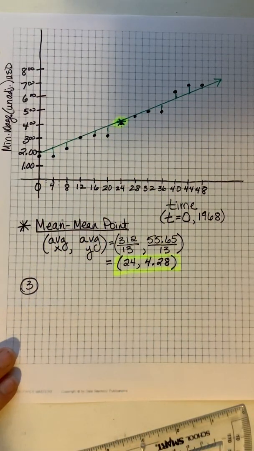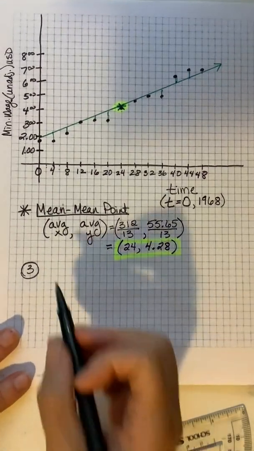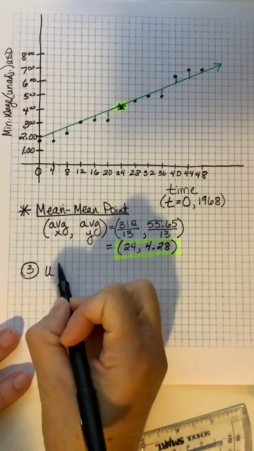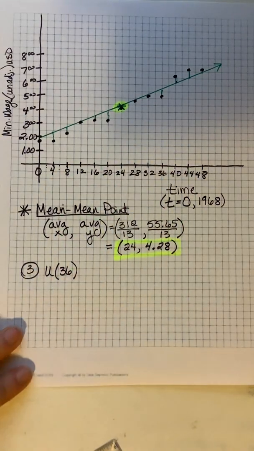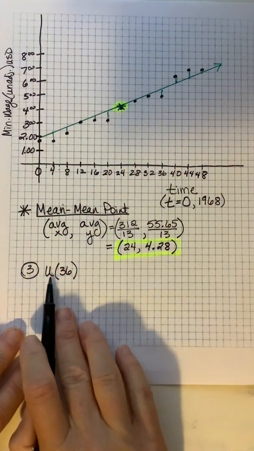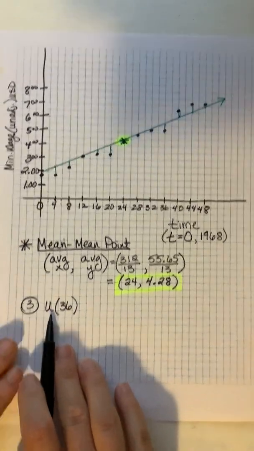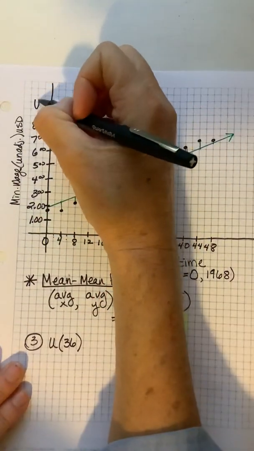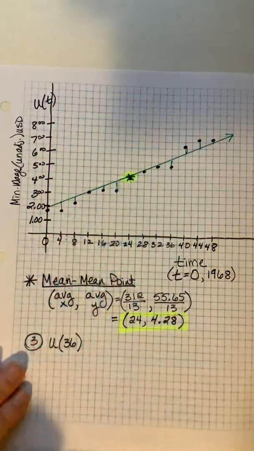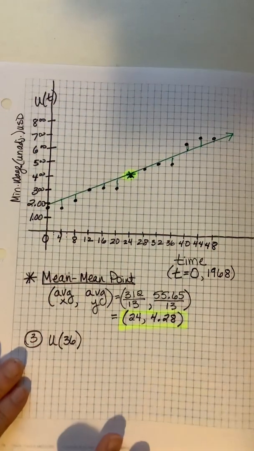Why on earth would we waste our time with that line? So the first thing asked us to find U of 36. Okay, U of 36. Well, where did the U come from? Oh, that's right. Way back up here, this is the unadjusted minimum wage. So this is going to be U of T. Good thing I caught myself there.